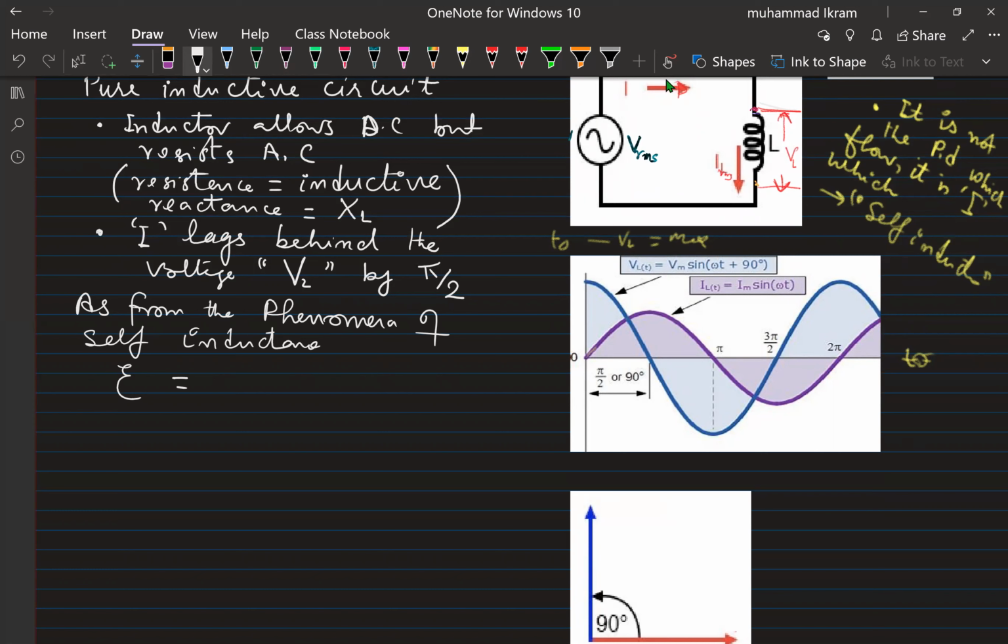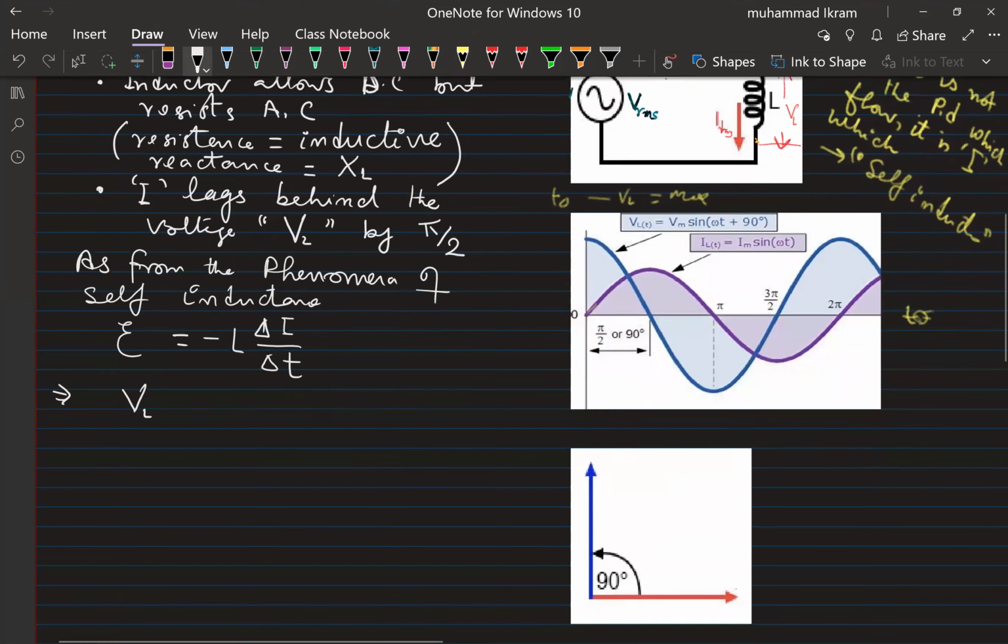Now I will change it for you. This equals the change in current over delta t, times L. For our case, the potential difference across the inductor is this VL as you see it.